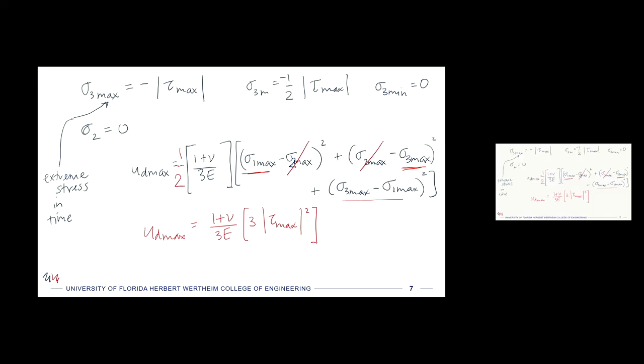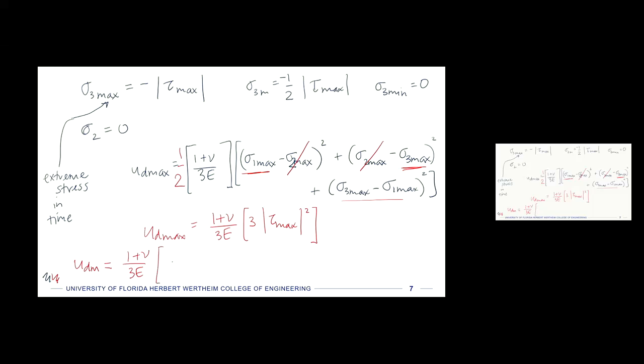We can do the same thing for the mean. And we can write out the whole equation of the combination of stresses, except for instead of sigma 1 max, sigma 2 max, it's going to be sigma 1 mean, sigma 2 mean, and then all the combinations through there. And then if we plug in those values that we calculated from our problem, we come out with something similar, which is 1 plus nu over 3 times the modulus.